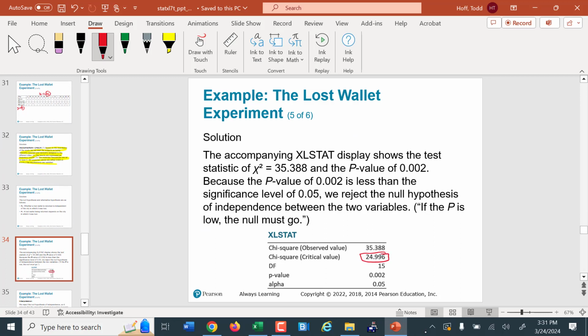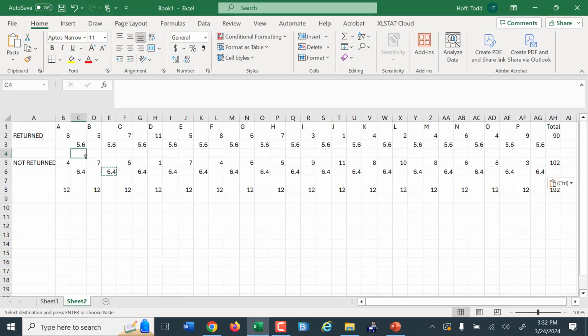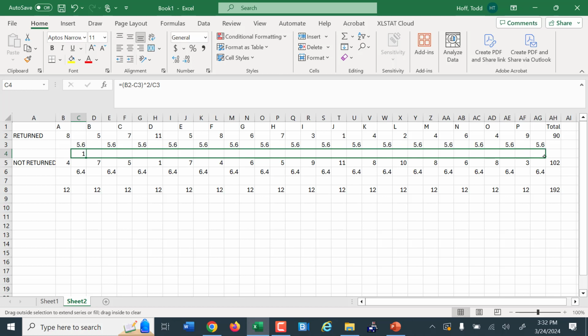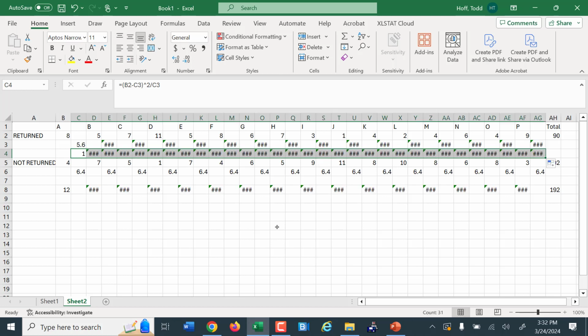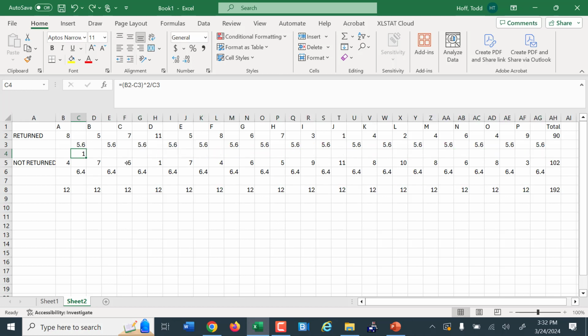Let's find that chi-squared test statistic. So for each of these, it's going to equal this value minus this value squared divided by that value. Fill that down. Oops, what did I do wrong there?